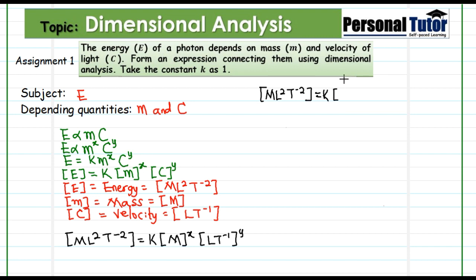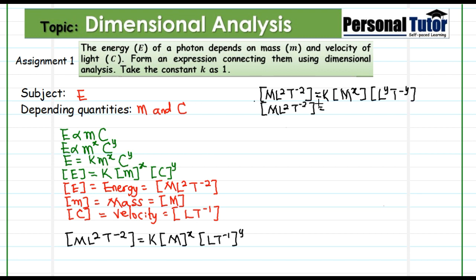And this power will be M exponent s, with the L to the power y, then the T to the power negative y. When you expand, that is what you get. Okay.